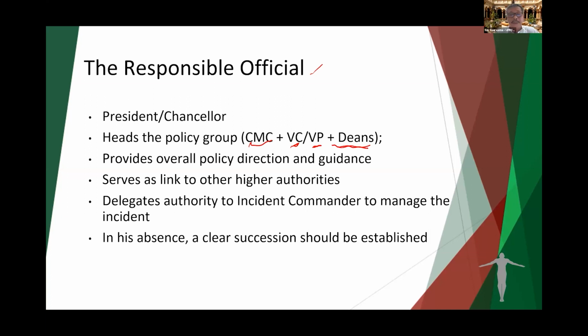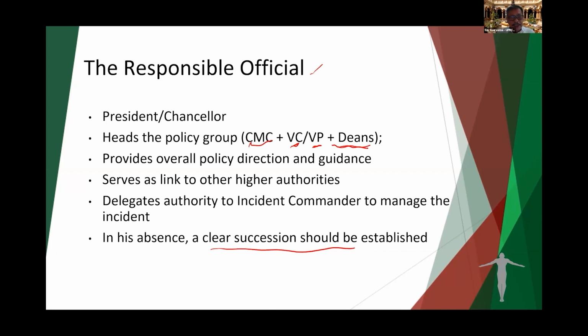Now, this is similar to a corporate setup where you have a president and a CEO. So the president normally heads the board, and the CEO is in charge of the day-to-day activities of the company. Now, in the absence of the responsible official, a clear succession should be established.